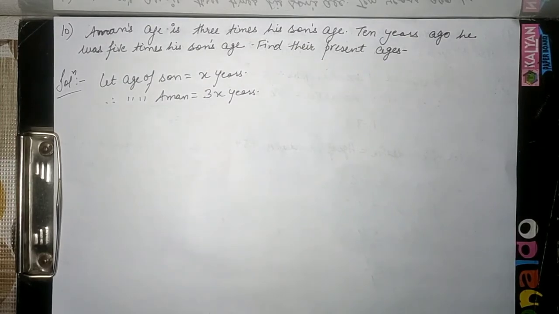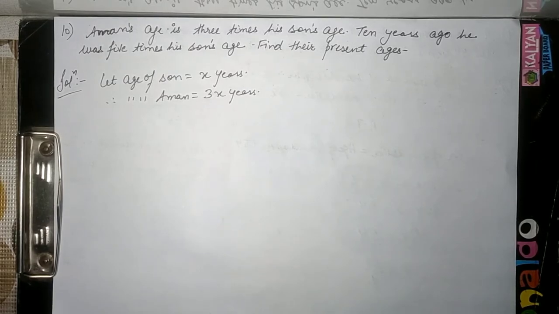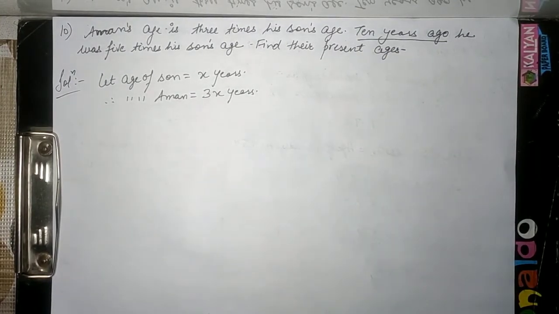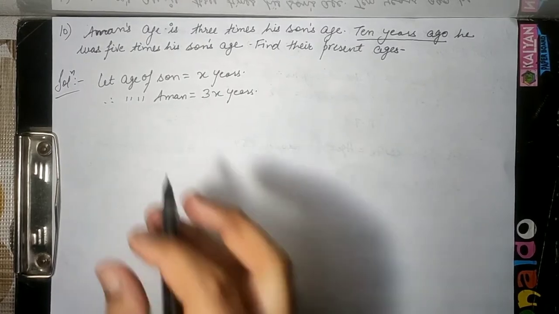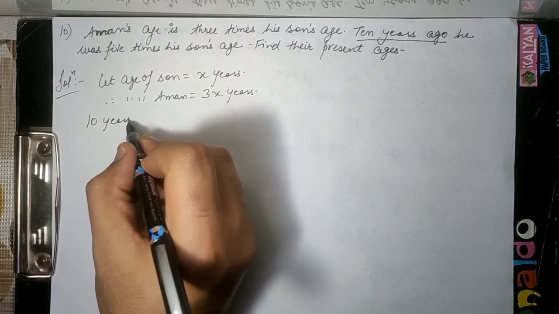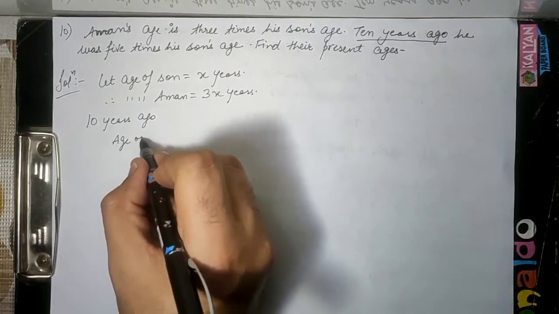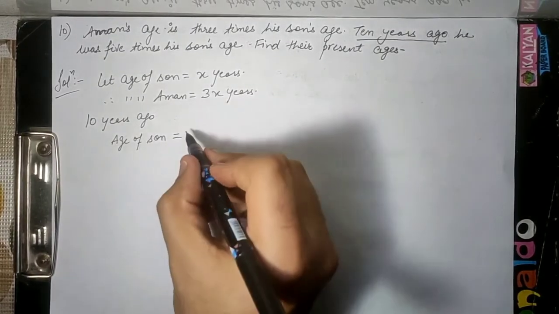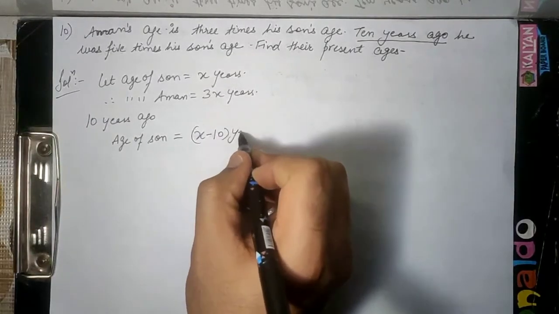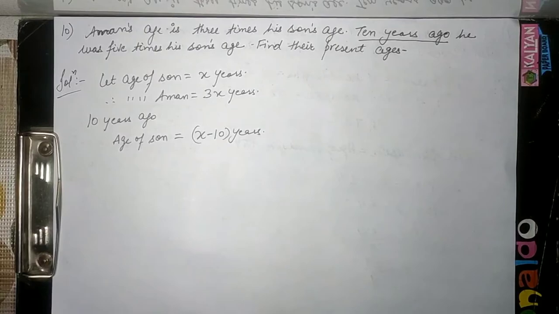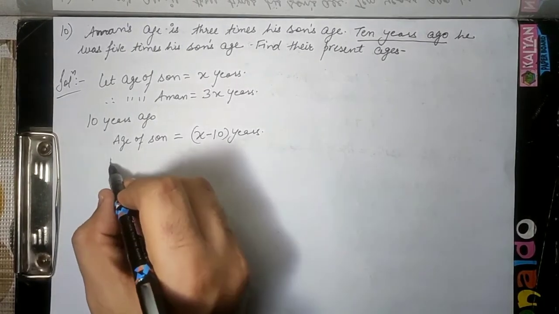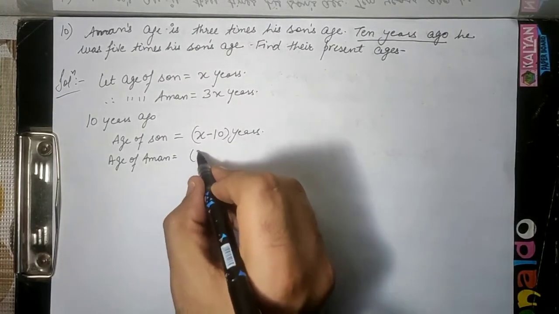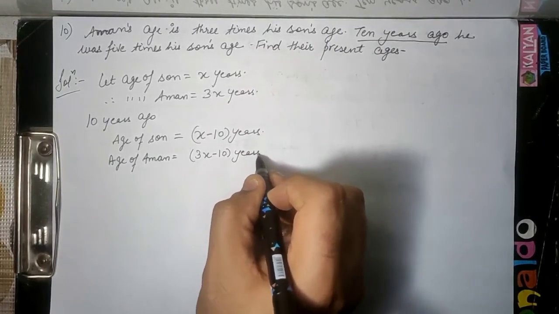When we did the future questions, in that case we add age, but here what is given is 10 years ago. So if the present age of son is x years, then his age 10 years ago, if the present age is x, what would the son's age have been 10 years ago? That is x minus 10 years. He was 10 years younger than present age. So therefore age of Aman, Aman will also be 10 years younger than his present age. That means 3x minus 10 years.